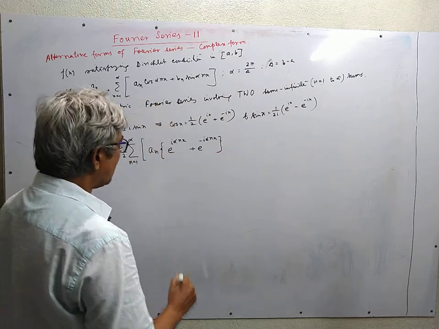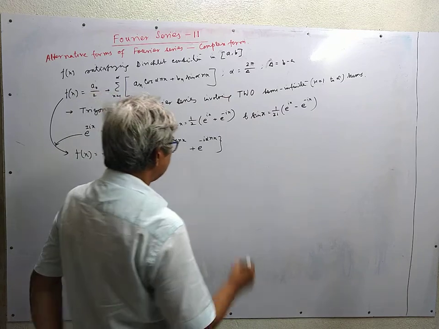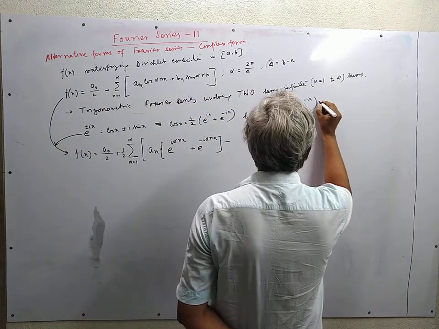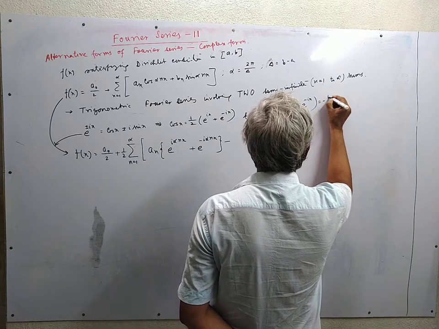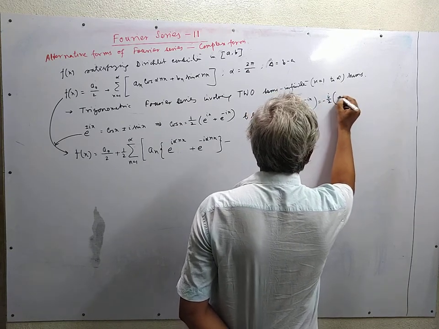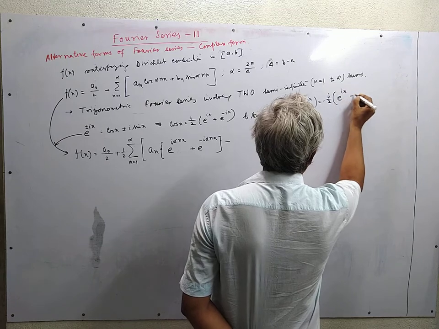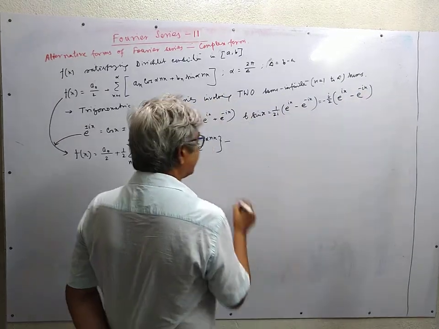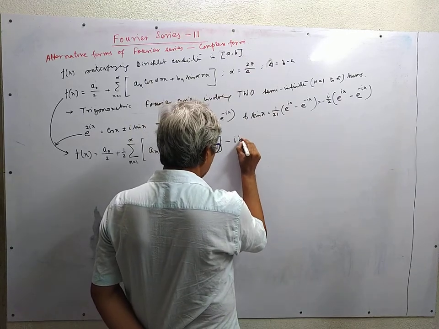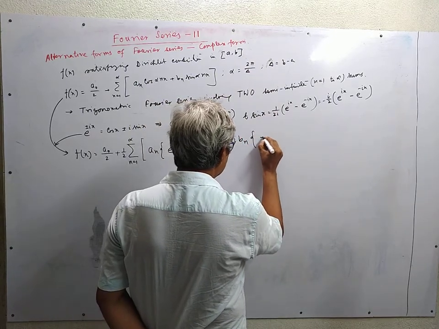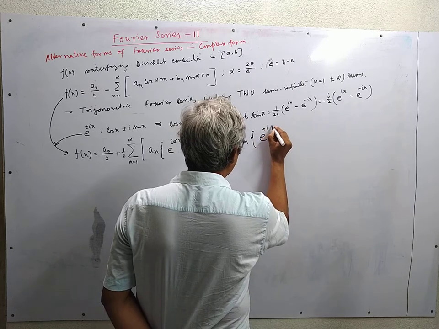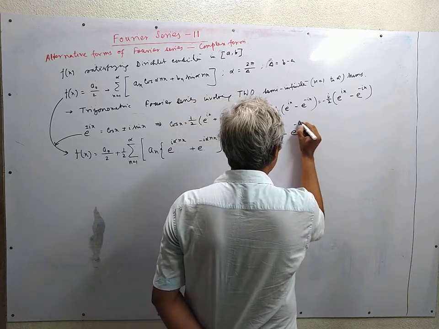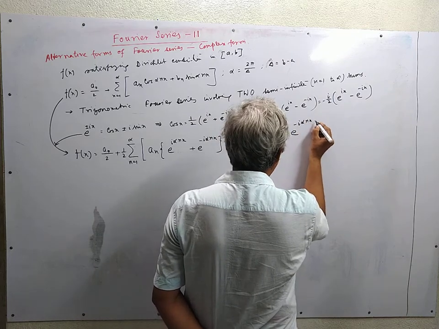This is for cos, plus, if we take this out, this can be written as minus i by 2 of e to the power ix minus e to the power minus ix. So if we write it in this fashion, 2 is taken common, bn, and then it is e to the power plus i alpha n x minus e to the power minus i alpha n x.